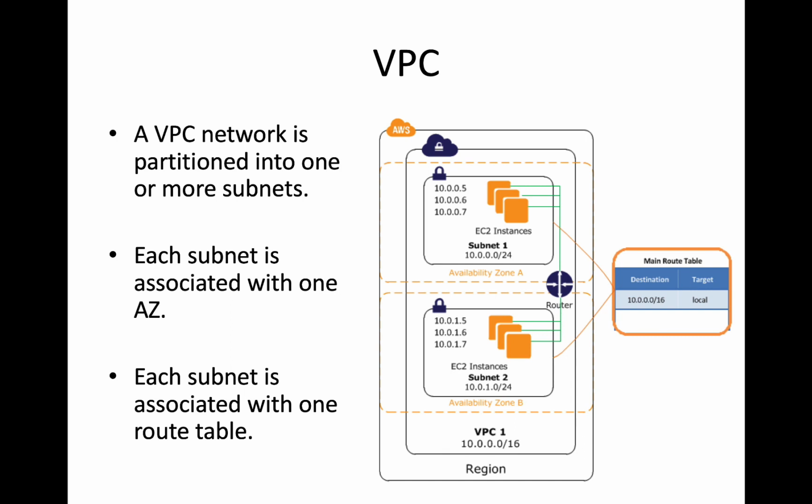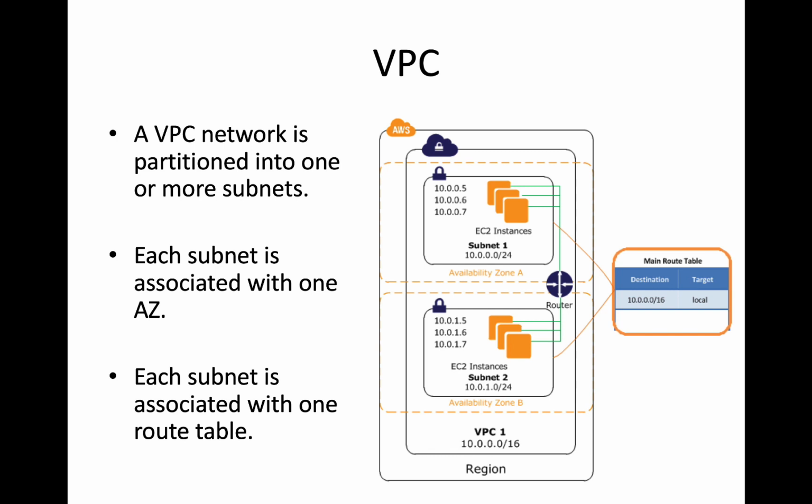You can see in this diagram that subnet 1 is associated with availability zone A, so it lives in availability zone A. Subnet 2 lives in availability zone B. It's not possible to create a subnet which would live in both availability zone A and availability zone B. That is not possible. Each subnet can only live within a single availability zone. Very, very important thing to remember.